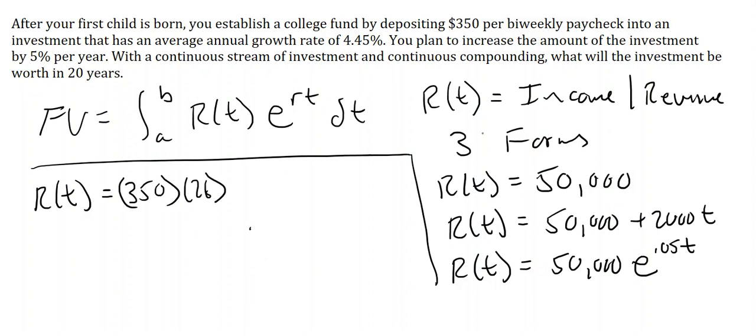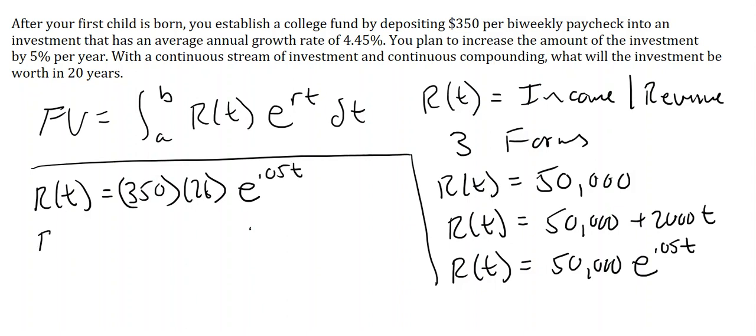Now, we also know that you plan to increase the amount of the investment by 5% a year. So we're going to take that $350 times 26 times a year, and we're going to increase it by 5% per year. And so we're going to multiply that by e to the 0.05t.